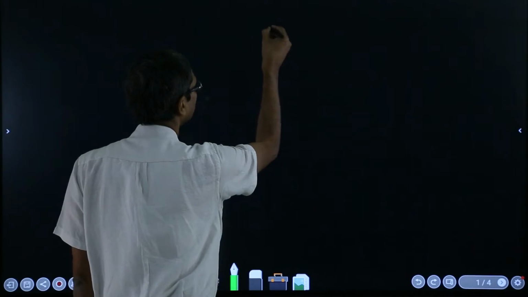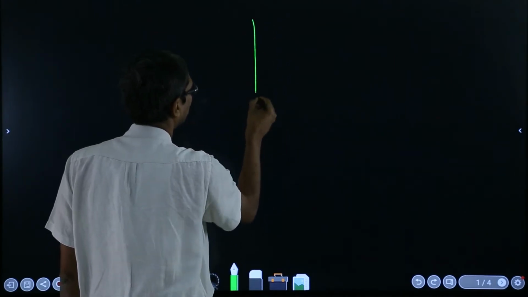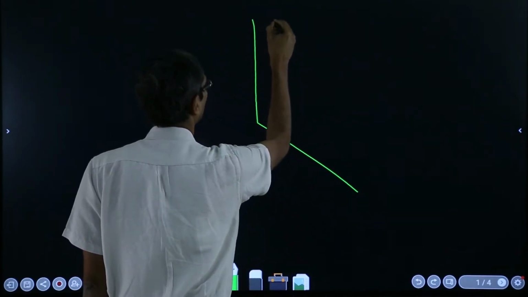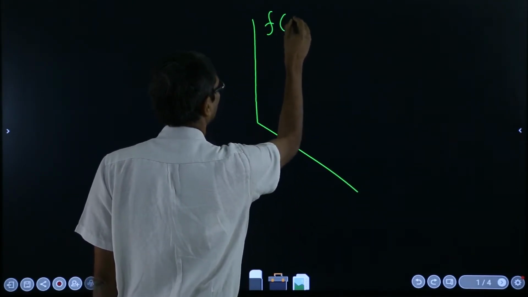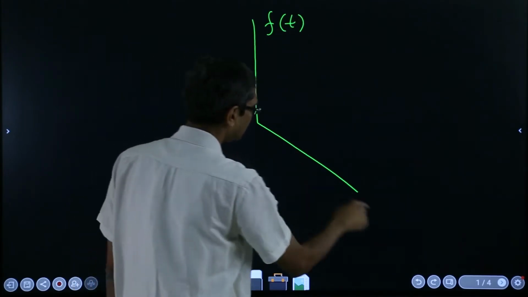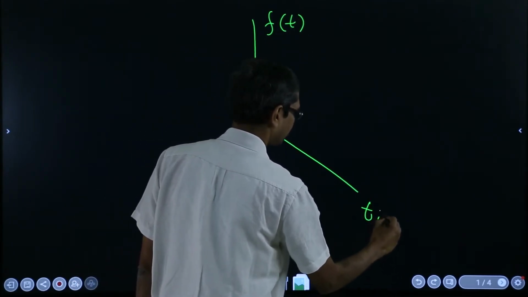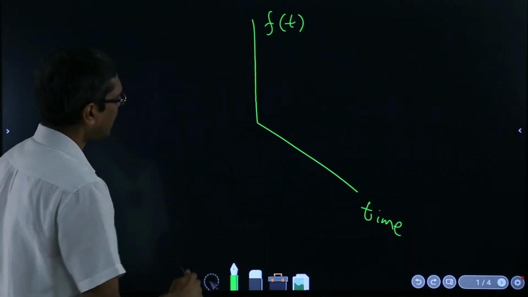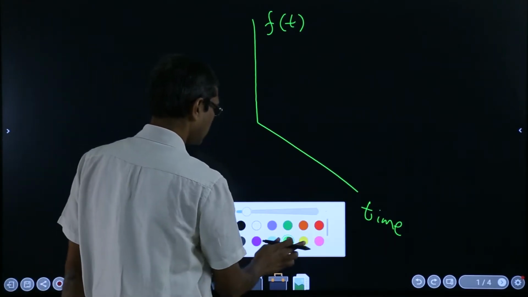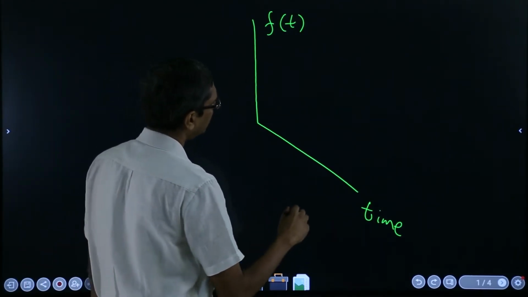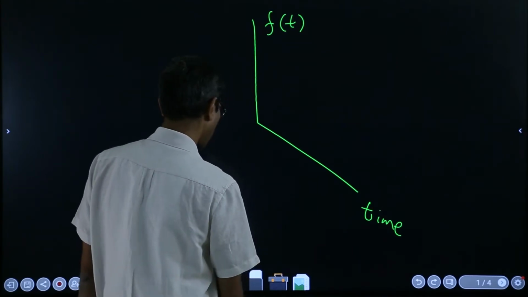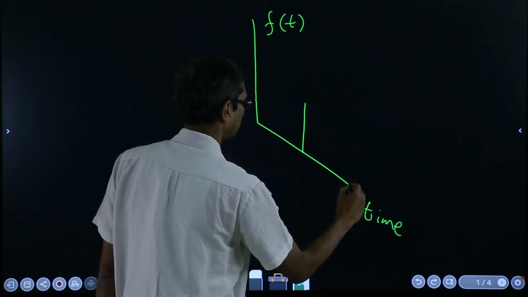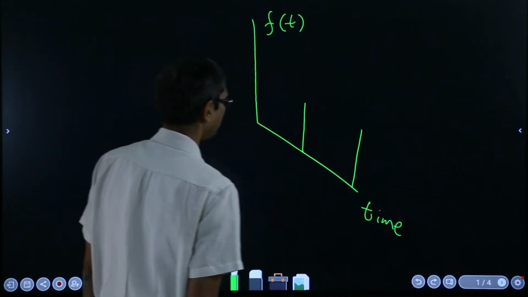Let us say we have a signal. I draw a function of time, and on this side I am drawing the time axis. This function is periodic in time. Say this is one time period and this is another time period.